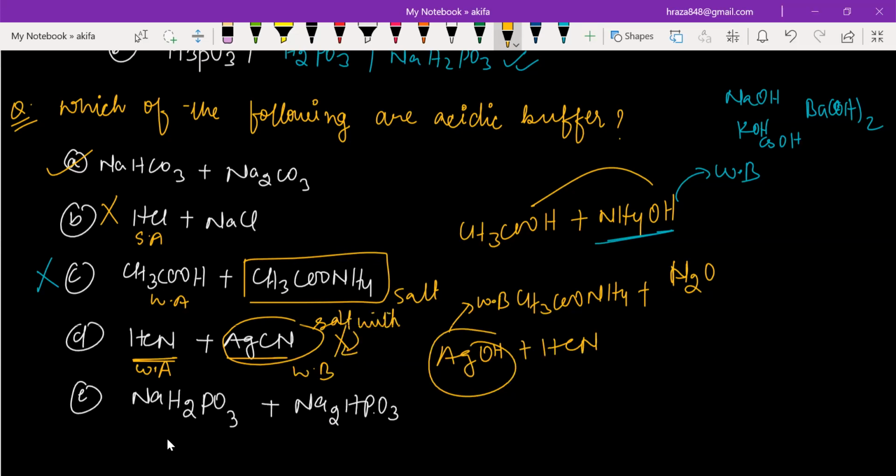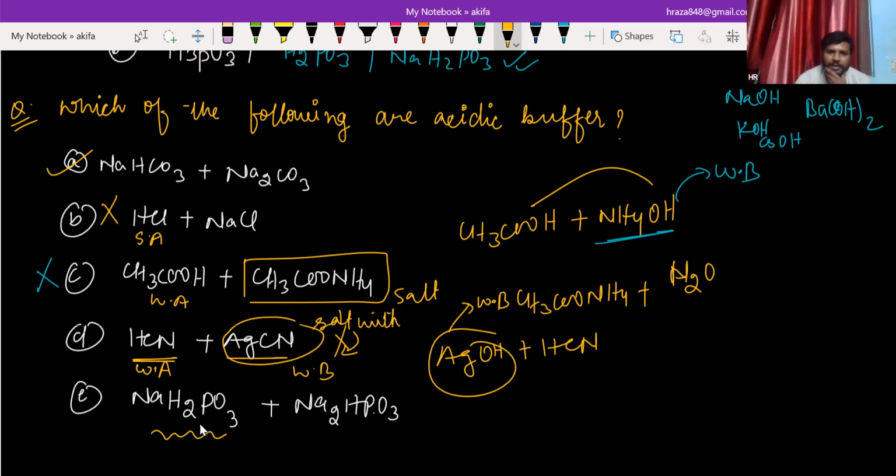Now see this. This is basically NaH2PO3. That means removing one hydrogen, it will be converted into this. Can you tell me whether it is weak or strong?